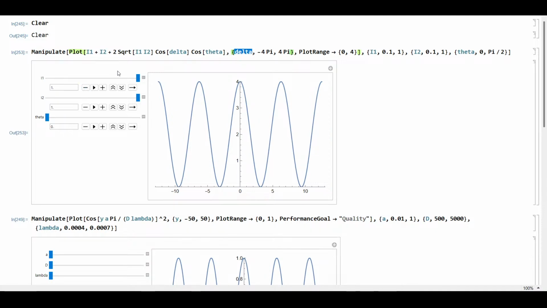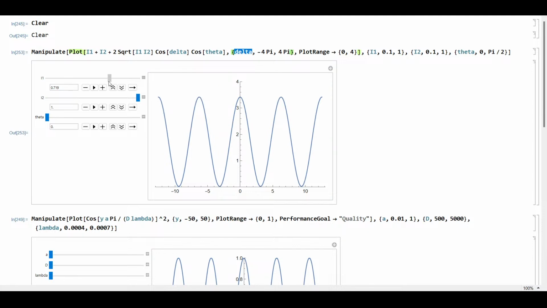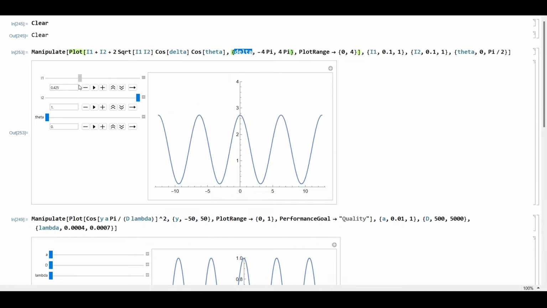Also, you see the best contrast when I1 equals I2. When I1 and I2 start differing, the contrast starts to fall. When theta increases from 0, again the contrast starts to fall. So this is important and you should visualize these things and see them for yourself as well.